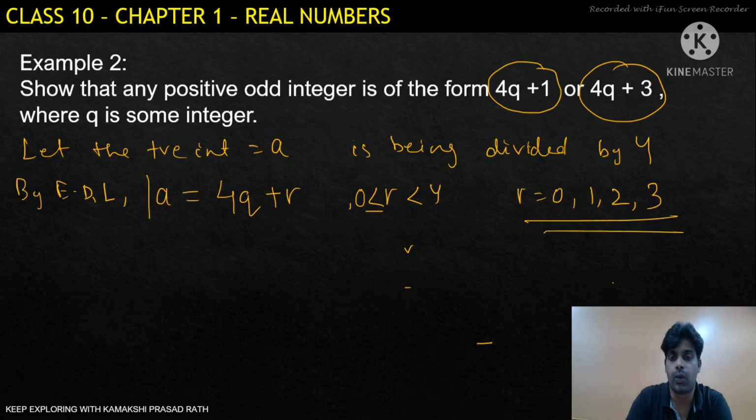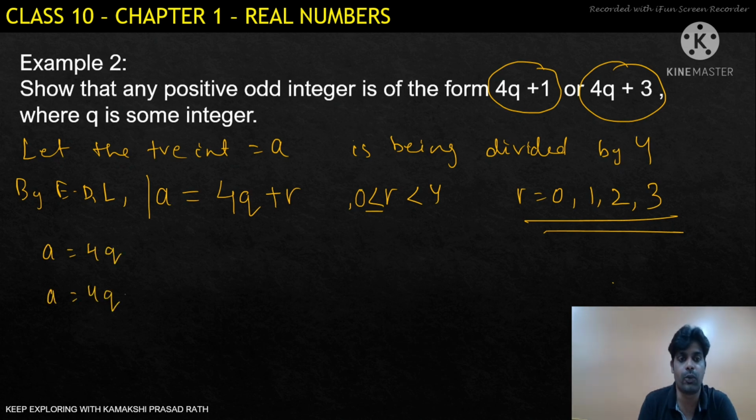Okay, so let's see. What are the 4 cases? One is a is 4q, another is a is 4q plus 1, another is a is 4q plus 2, and the last one is 4q plus 3, according to the remainders.